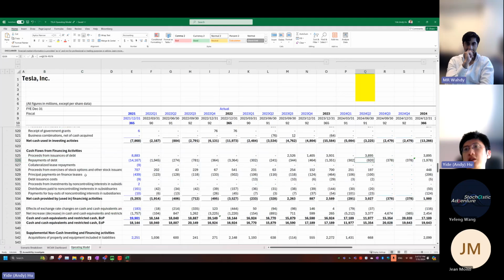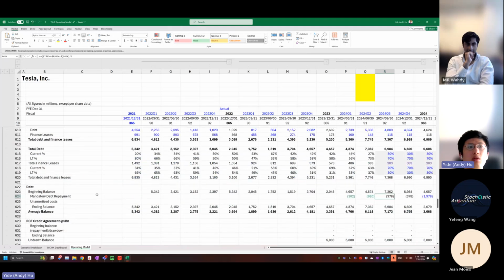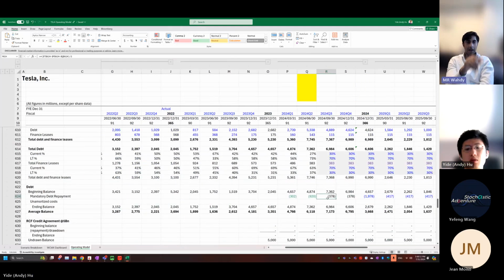Yes, I have that in my model, and this number is exactly what I have down below for the repayment of debt. Wait, where's your repayment of debt? In the debt schedule. Oh, okay, got it. So is that the same number as current portion? No. Okay, that needs to be the same number as current portion.